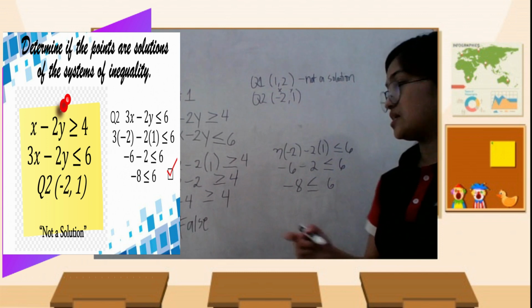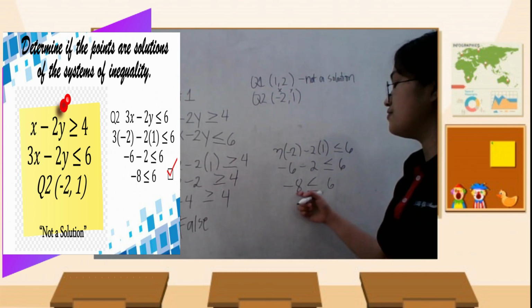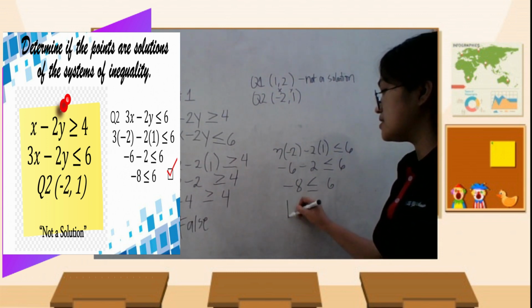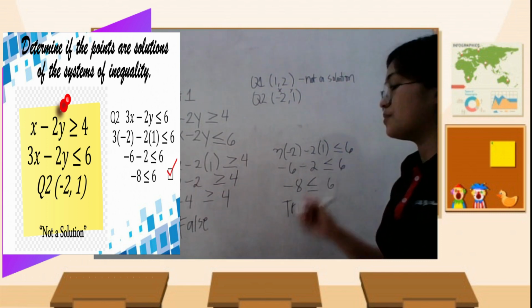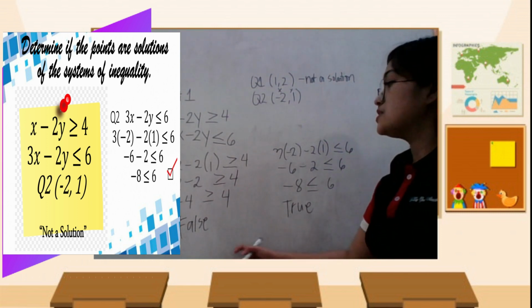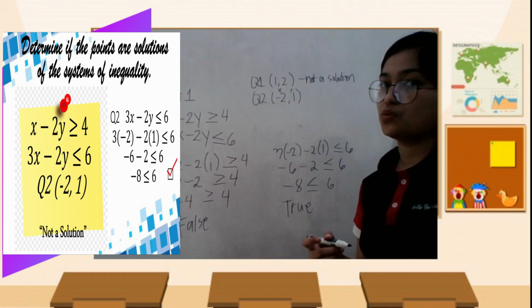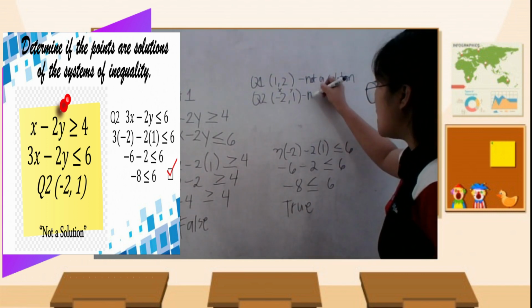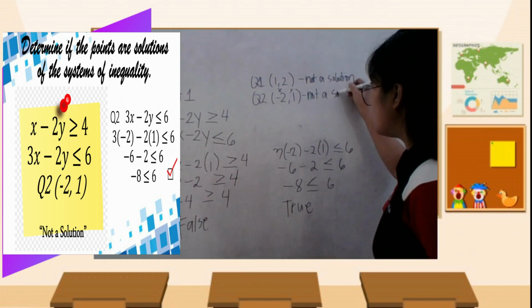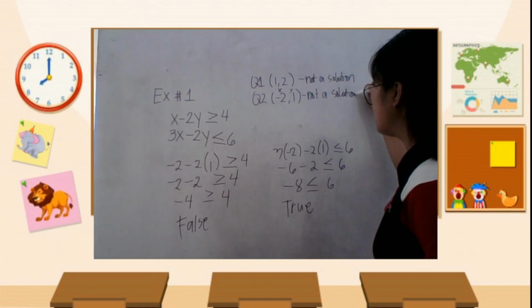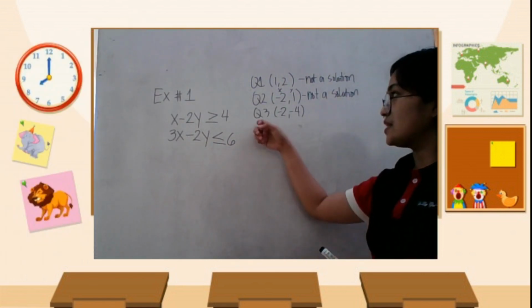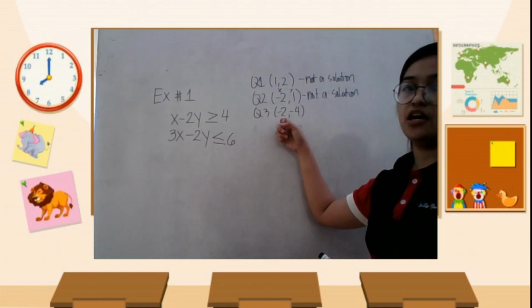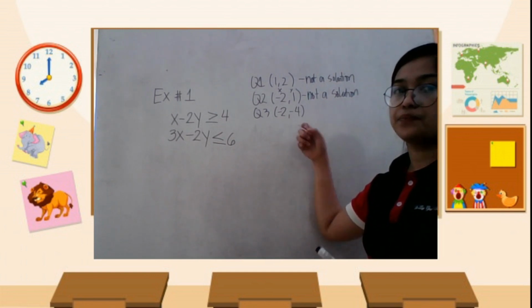That is true, because negative 8 is really lower than positive 6. And again, same as example number 1 earlier, false and true, not both true. That means it is not a solution.